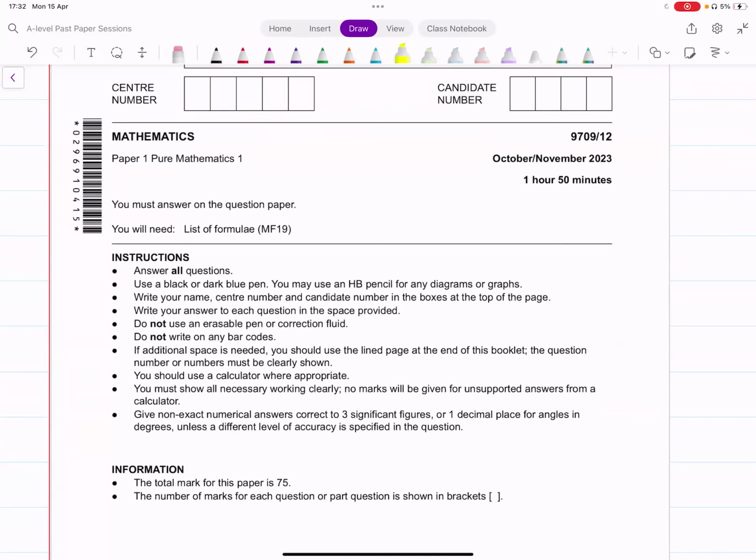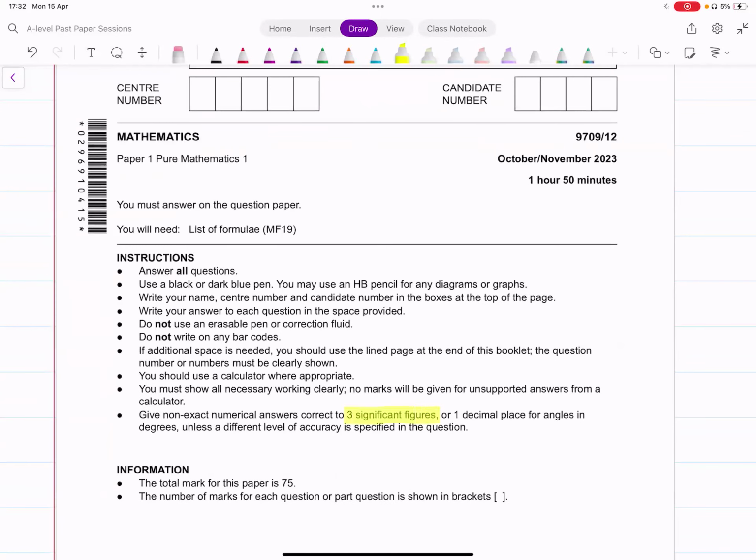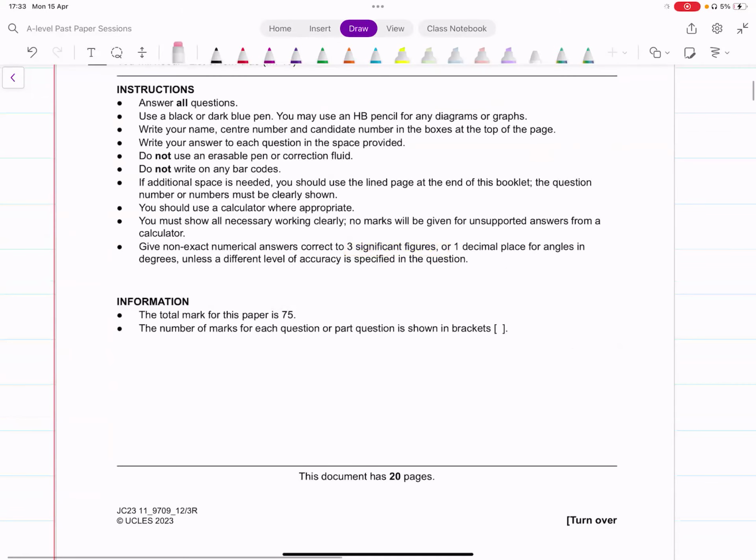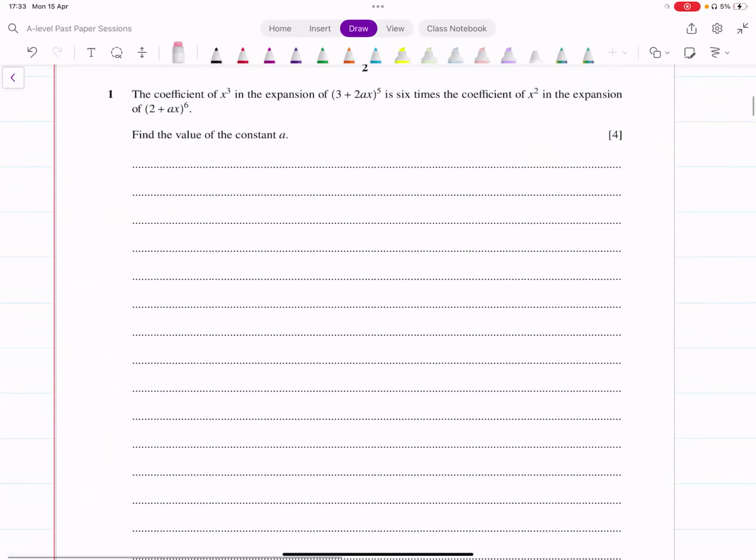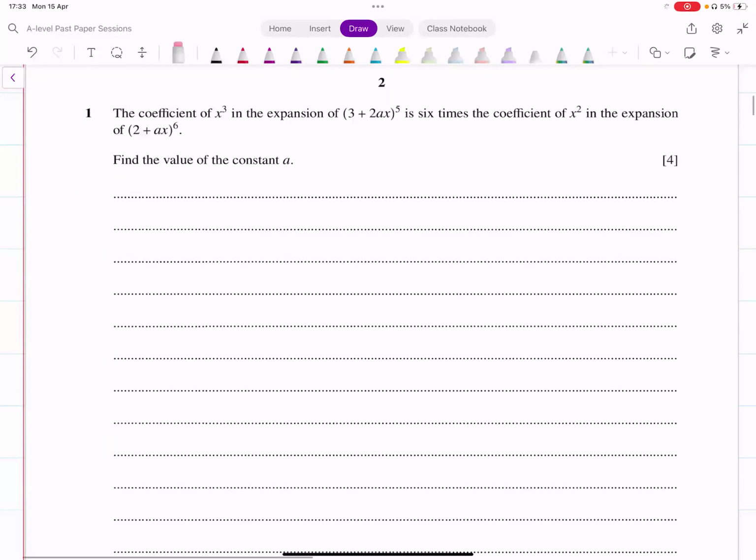The key thing that you need to remember here is the level of accuracy, minimum 3 significant figures in general, when you have non-exact answers, and minimum 1 decimal place when you have answers in degrees. And apart from that, you need to make sure that you show all working clearly, do the paper with a pen, and all the other details. We've talked about that before. Now let's start with our first question.